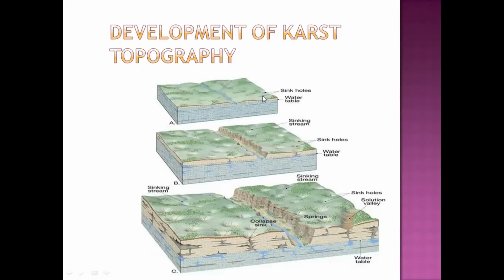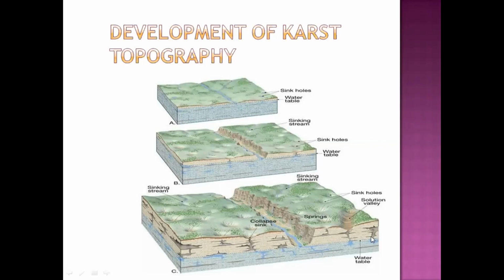Sinkholes are rounded depressions, and sometimes they cause various problems to buildings, especially in the eastern part of Saudi Arabia. Similarly, there is one stream that is sinking, like a disappearing stream. That stream doesn't disappear, it just goes to the subsurface, and as the valley is enlarged due to the action of water, it starts eroding the carbonate rock.